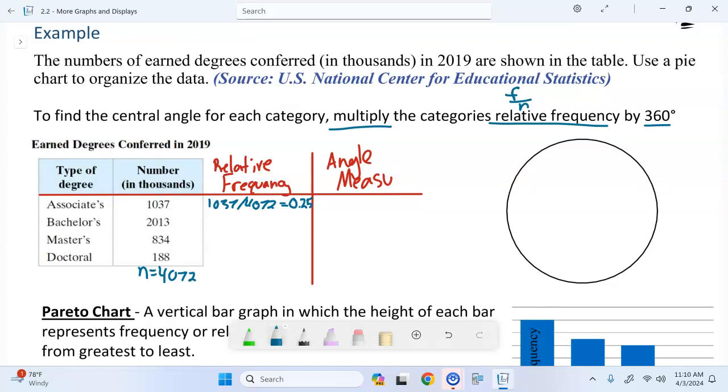So we get 25%. So the associate's degree consists of 25% of my sample. We want to take that 25%, multiply it by 360, and that gives me the angle measurement. 25% of 360. 90 degrees.